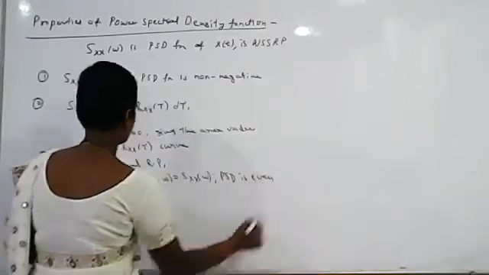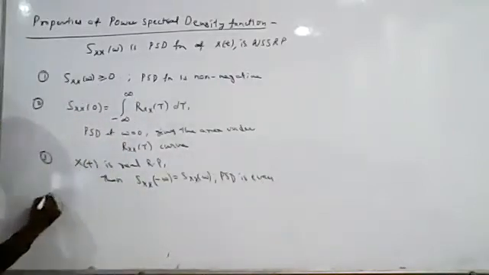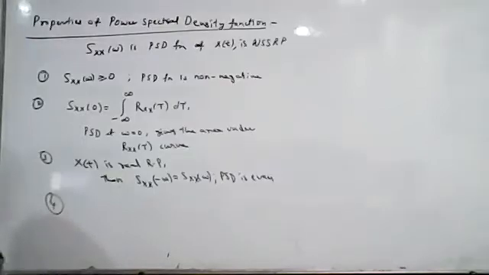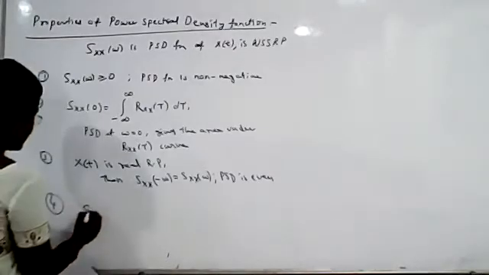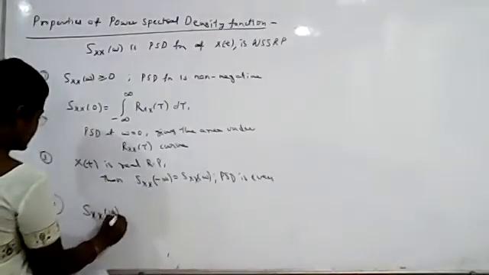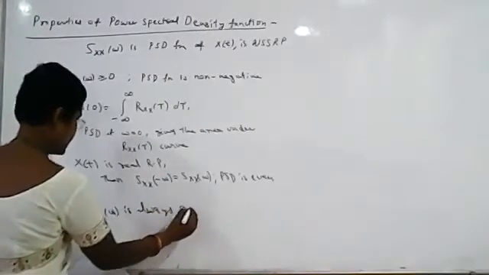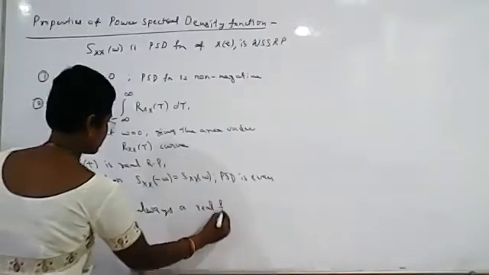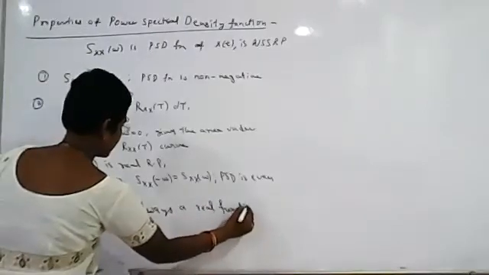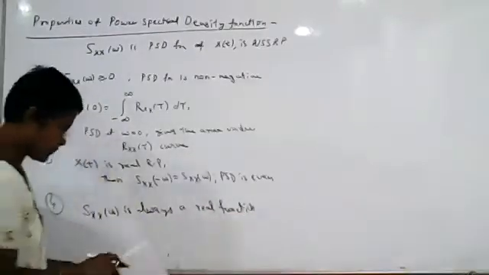That is our third property. Then the fourth property is that Sxx of omega is always a real function.